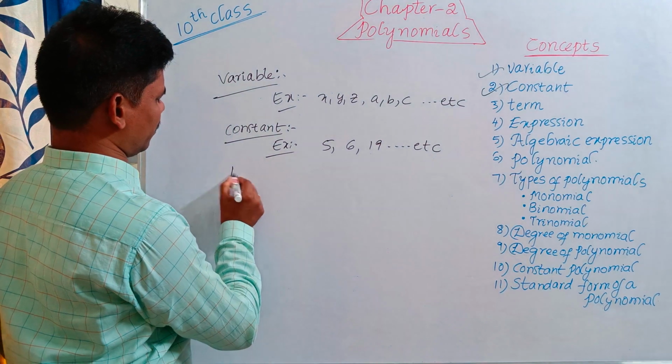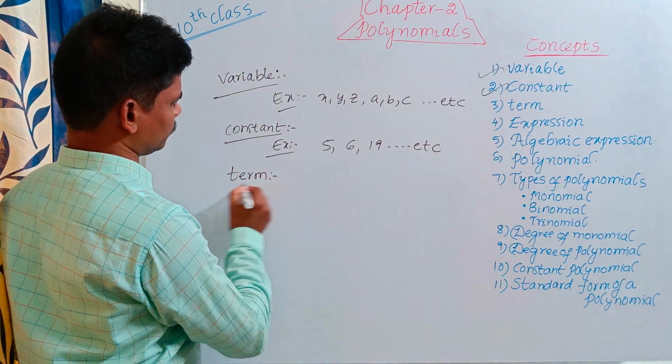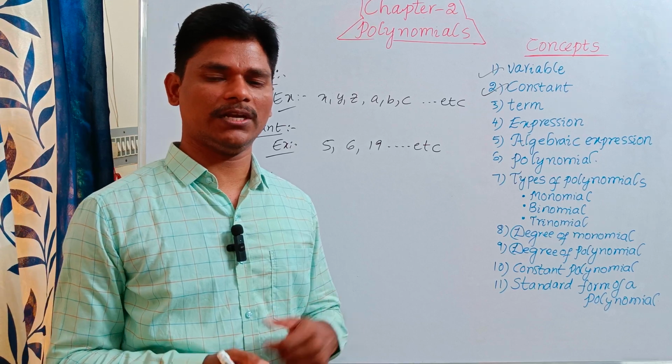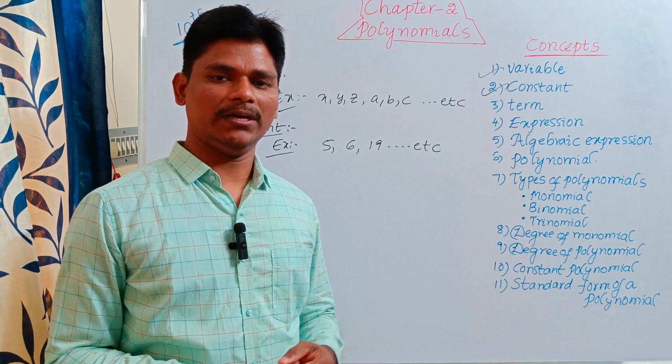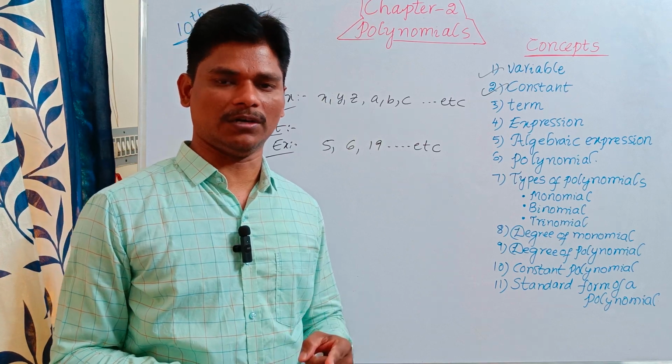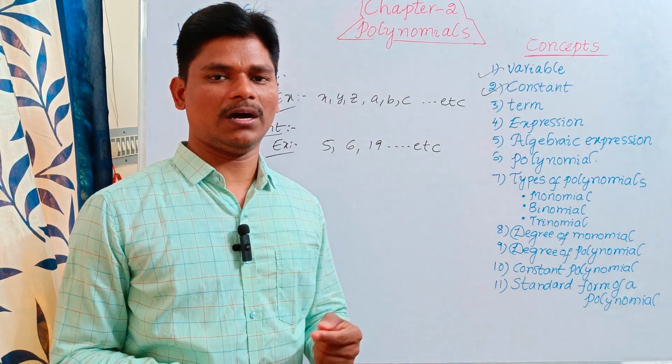Next, term. What is a term? A term is defined as a variable alone or a constant alone, or it can be a combination of variables and constants by the operation of multiplication or division.